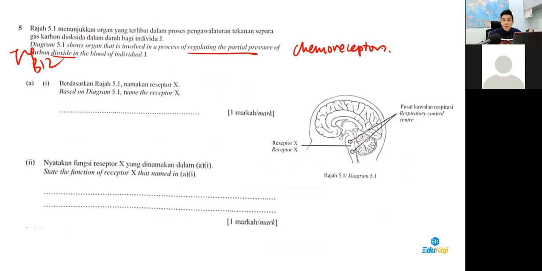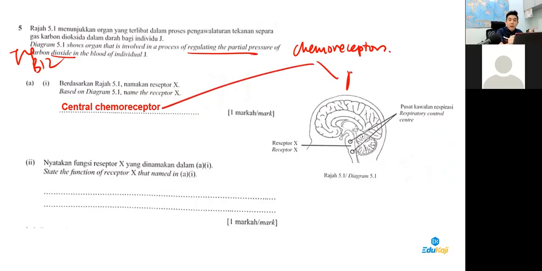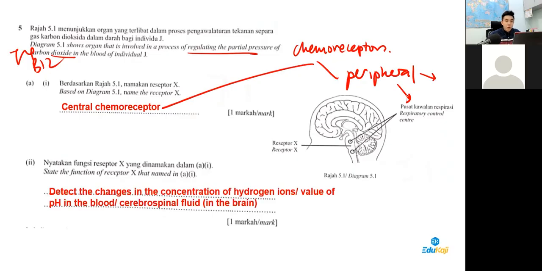Chemoreceptors in the breathing center we call central chemoreceptors. Guys, revision: there are two types, central and peripheral. Peripheral is found in the aortic body and carotid body. X detects a change in concentration of hydrogen ion.